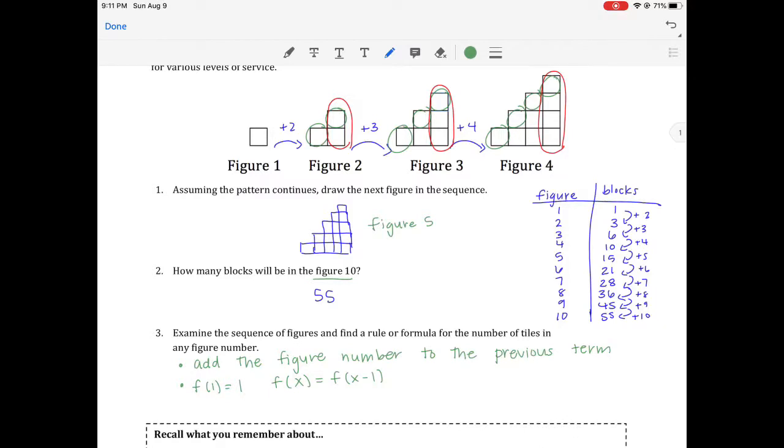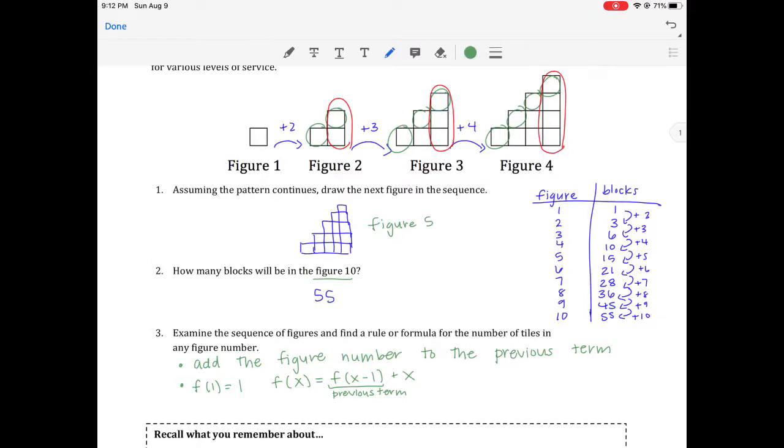So remember, to get to figure 2, we take the blocks in figure 1 and then we add something. To get to figure 3, we take the blocks in figure 2. That's what this f of x minus 1 means. It's that previous term. And since we're just adding the term number, we're going to just say that's an x, right? So for figure 2, we're adding 2. For figure 3, we're adding 3.